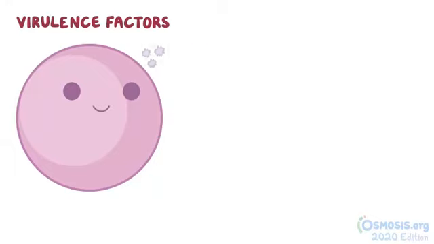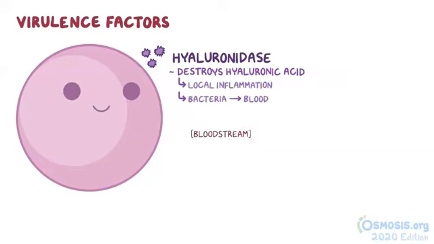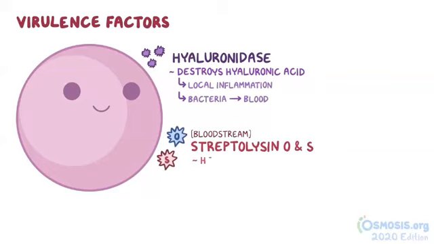Then, strep pyogenes uses toxins like hyaluronidase, which destroys hyaluronic acid, a cement substance that keeps cells of the connective tissue and blood vessels tightly linked. Destruction of hyaluronic acid results in local inflammation, and enables the bacteria to spread to the bloodstream. In the bloodstream, strep pyogenes uses streptolysin O and S, which are toxins that cause hemolysis, or red blood cell destruction.